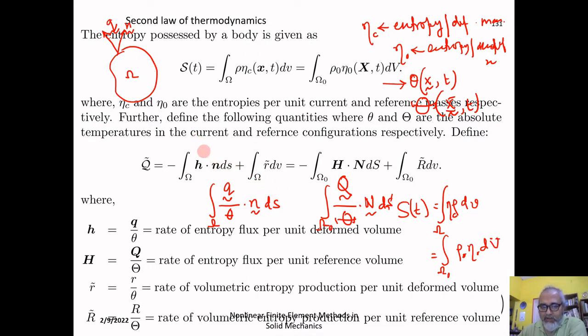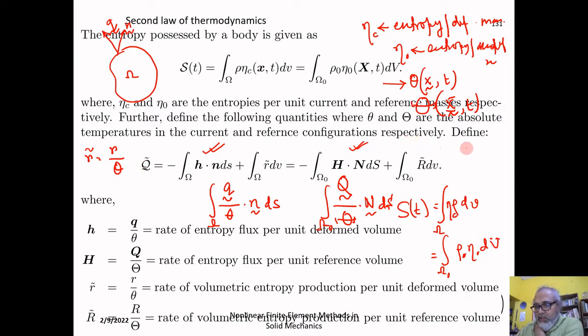So this is the entropy flux in the deformed configuration, and this is the entropy flux in the undeformed configuration. Similarly, R tilde is R by theta, which is the entropy production rate per unit volume in the deformed configuration.